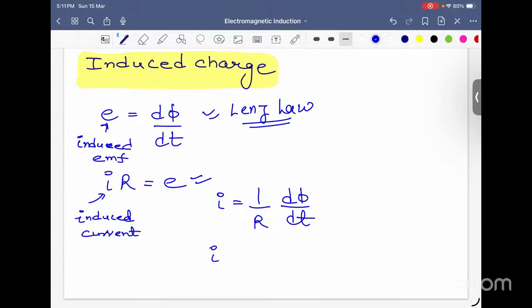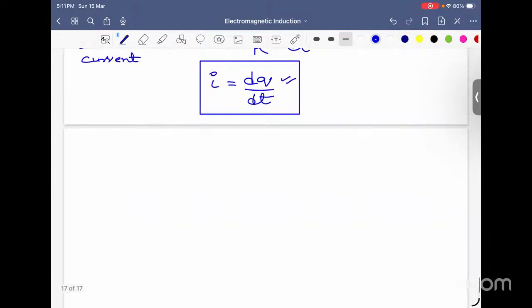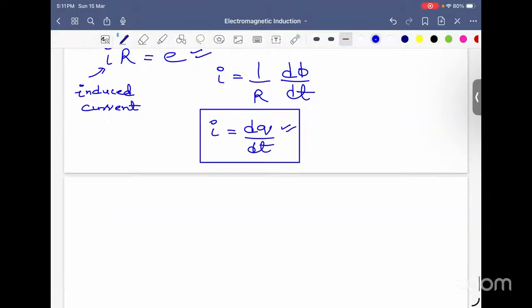We also know that current is equal to dq by dt. So dq by dt is equal to 1 upon R, d phi by dt.